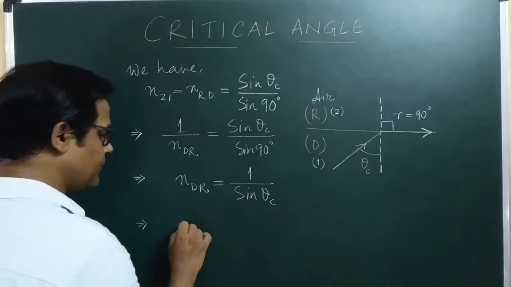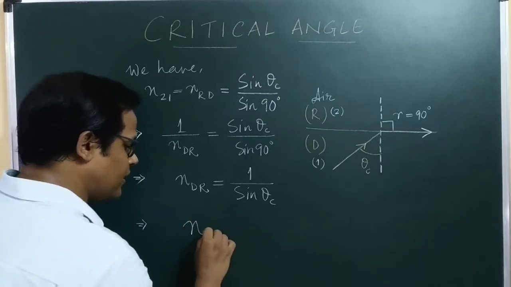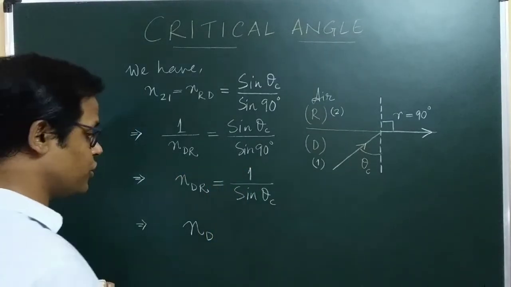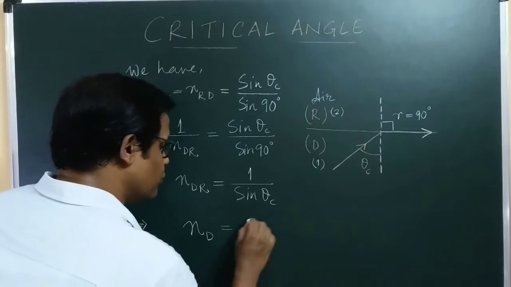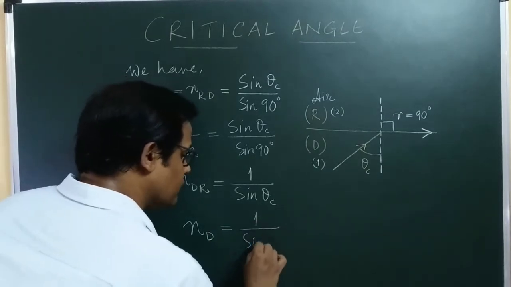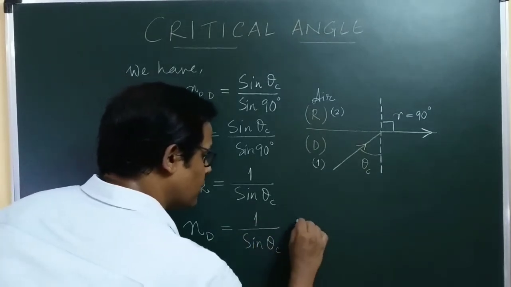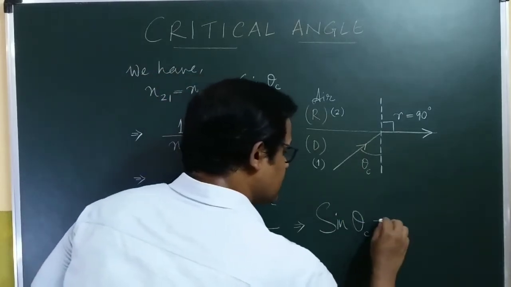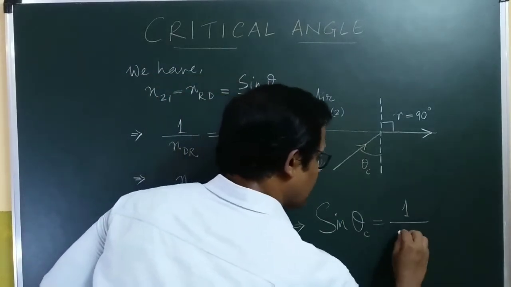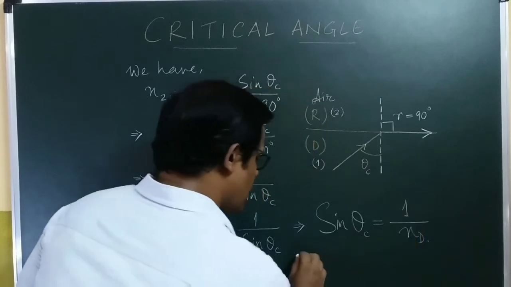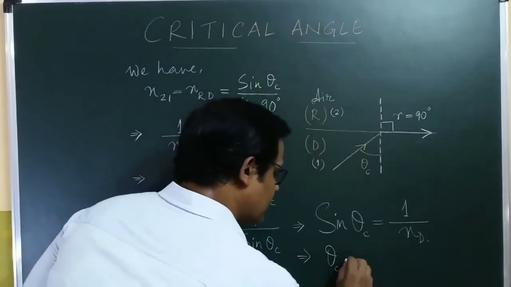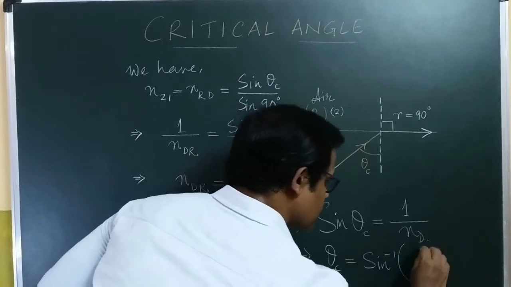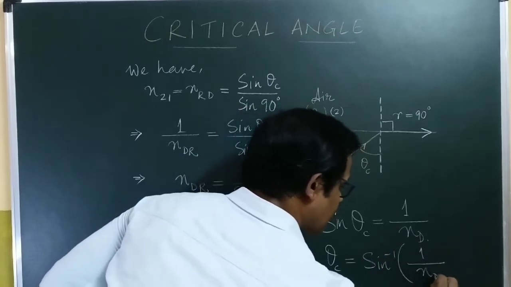Or you could have written the absolute refractive index of the concerned denser medium in your question is equal to 1 by sine of theta c, or you could have directly written sine of theta c is equal to 1 by n_d. Or to find the critical angle of incidence, we could have written sine inverse of 1 by n_d.